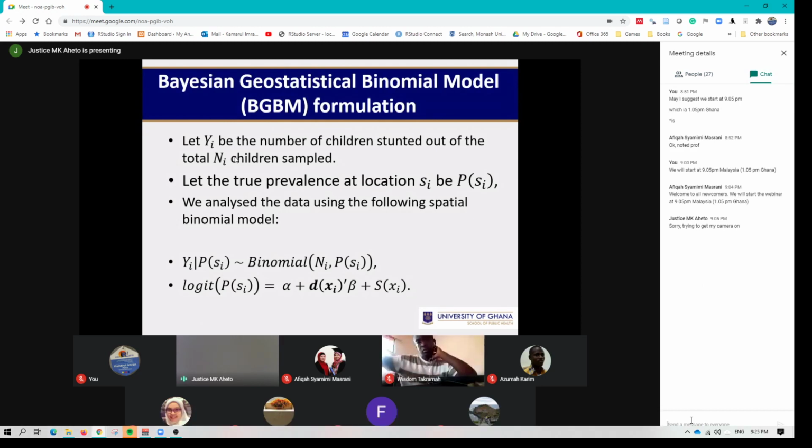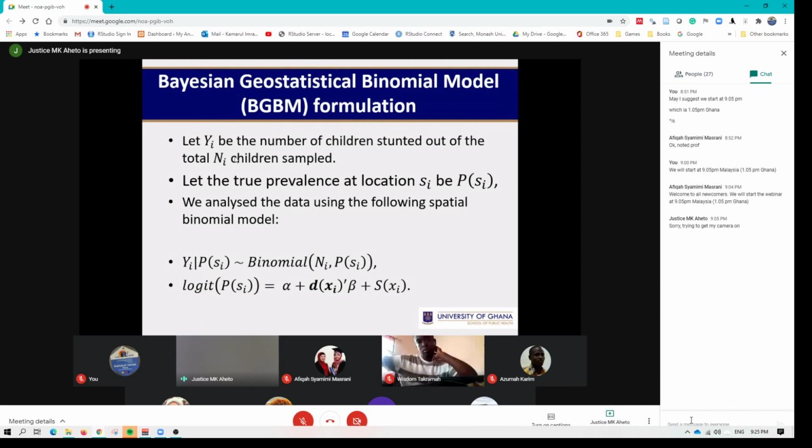Because as you can see, I have information on the number of children who are stunted at each of those geographical locations, and I have the number of children sampled from each of those locations. So it's just simple mathematics where you divide your Y_i by the capital N_i to get your prevalence, which we call the empirical prevalence or the observed prevalence.